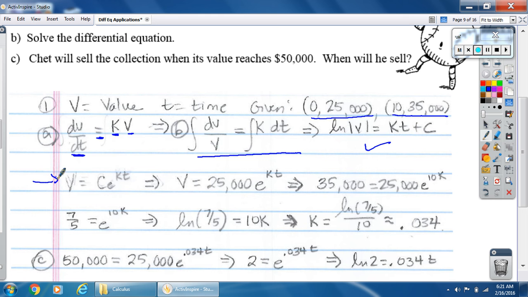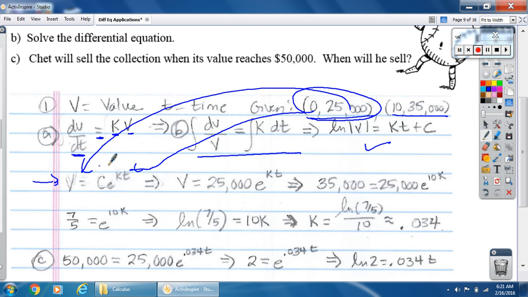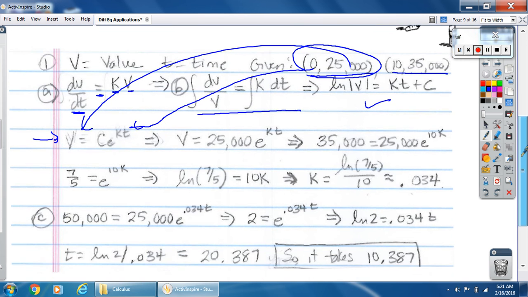So that's what happens when I find the value of his collection. The initial condition is 25,000. So if you substitute 0 in place of T and 25,000 in place of V, you find out that C is equal to 25,000. So that's your equation.